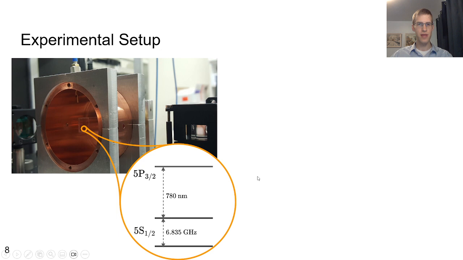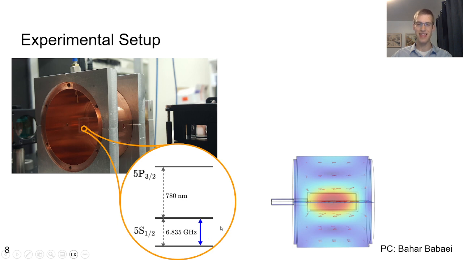This cell is placed at the center of a cylindrical microwave cavity that's tuned to this microwave transition in the atoms. So the TE011 mode interacts magnetically with the atoms, and we call this field our signal.